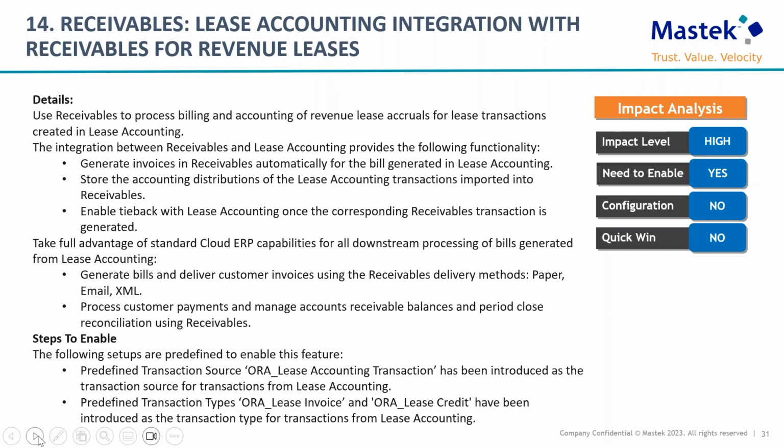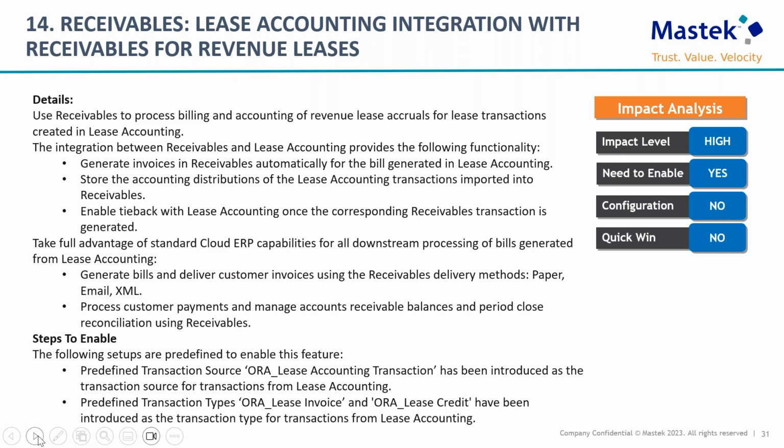The next feature is from the receivables area, which is lease accounting integration with receivables for revenue leases. We can use receivables to process billing and accounting of revenue lease accruals. This helps to generate invoices in receivables and deliver those invoices to customers using the receivables delivery methods, for example, paper, email, or XML.